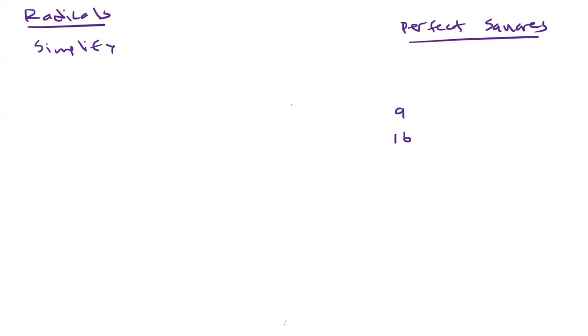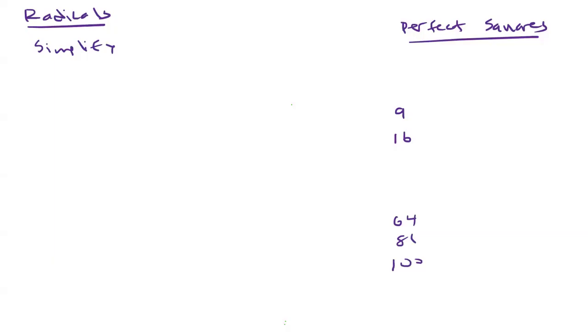What's another example? 64, good. So somewhere down here. 100, good. All right. Perfect. 81, right? So how are we getting these numbers? What are we doing? A number multiplied by itself.